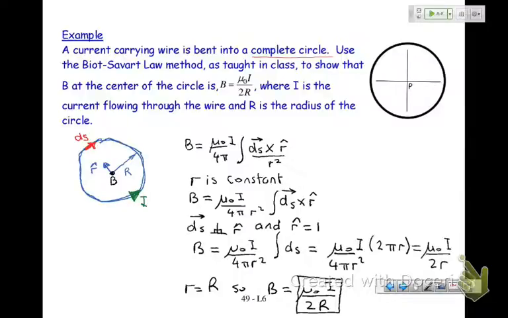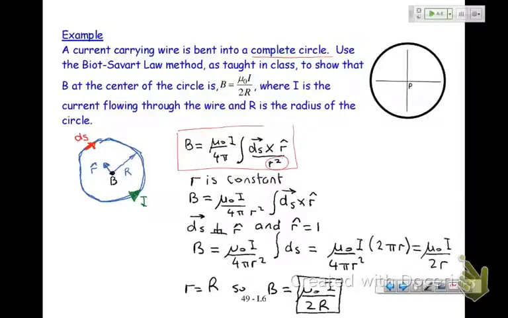And so the first thing you're going to do is state Biot-Savart's law. And then you're going to say, well, look at this. R, the distance from my ds to my point of interest, is constant. That's kind of nice because that means I can take the R squared out of the integral. So let's do that. Now I'm looking at my integral, which is a cross product.